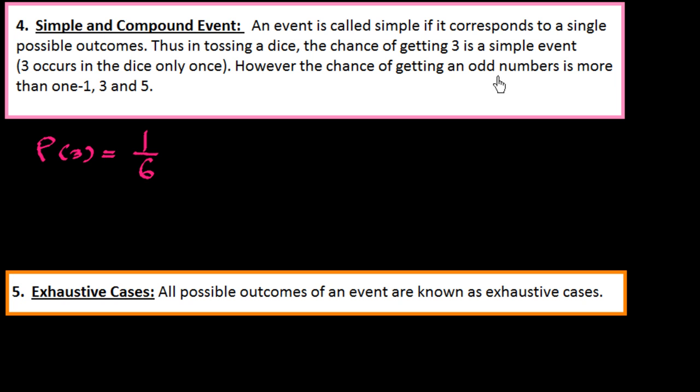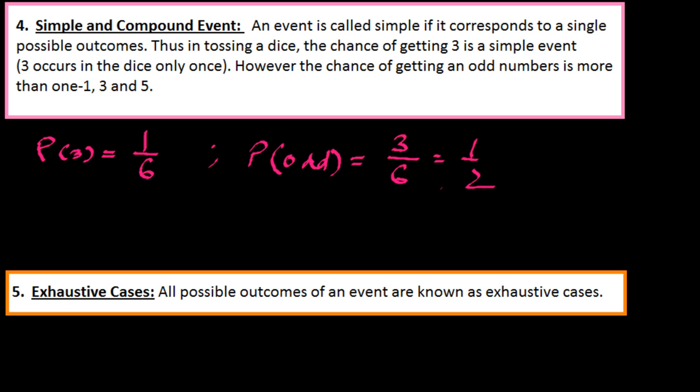However, the chance of getting an odd number is more than one, because we have 1, 3 and 5 as odd numbers in the dice. So we have 3 favorable outcomes. Where the outcomes are more than 1, it is called a compound event. So the probability of getting an odd number is 3 over 6, which is 1 over 2. This is the compound event, and that is the simple event.